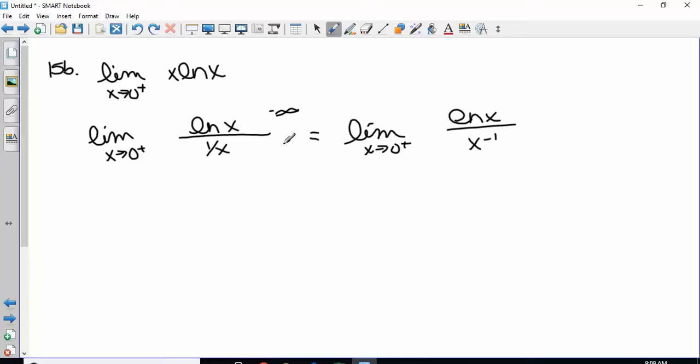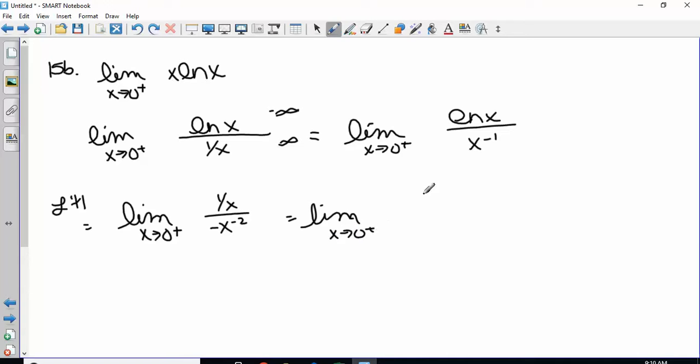So, natural log of 0, that's going to negative infinity. 1 over 0 is going to infinity. This is infinity over infinity. That's an indeterminate form, so we can do L'Hopital's. L'Hopital says we can simplify this by doing derivative of the top over derivative of the bottom. Not the quotient rule, just their separate derivatives. The derivative of natural log x is 1 over x. The derivative of x to the negative 1 would be negative x to the negative 2.